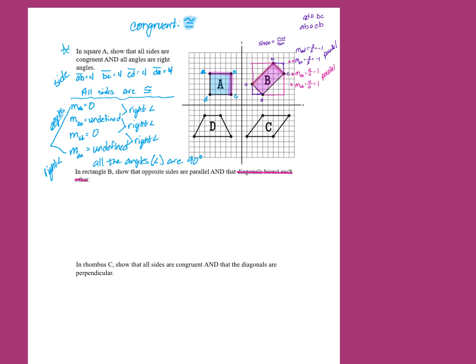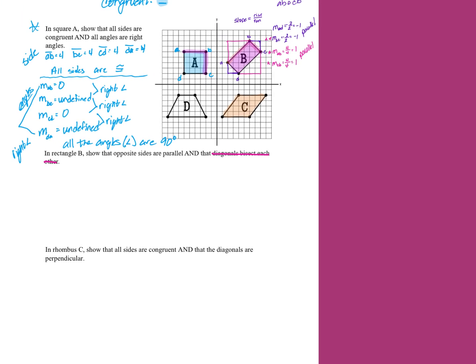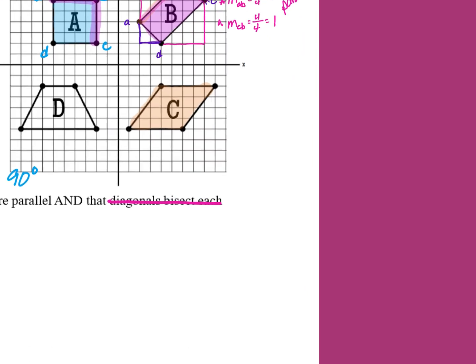In rhombus C. So what do we know about a rhombus? Okay, so again, we can look at the sides. We need to find the length of the sides. All sides are congruent.